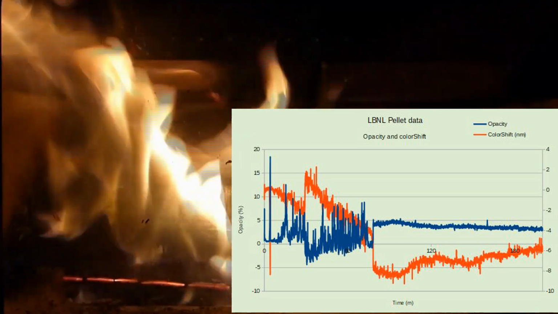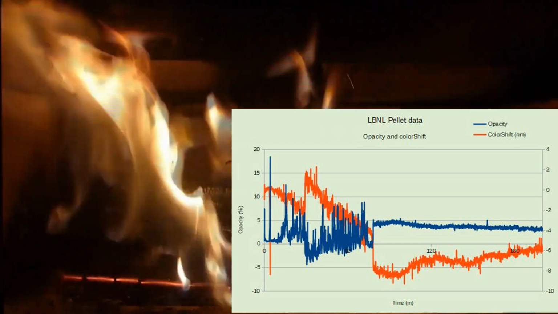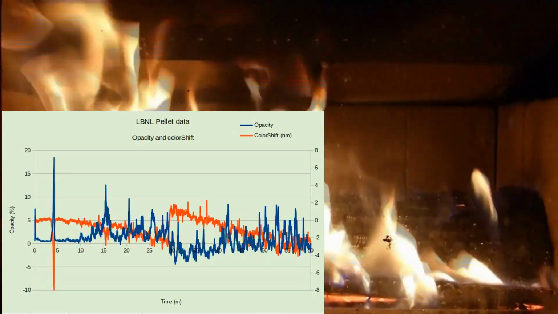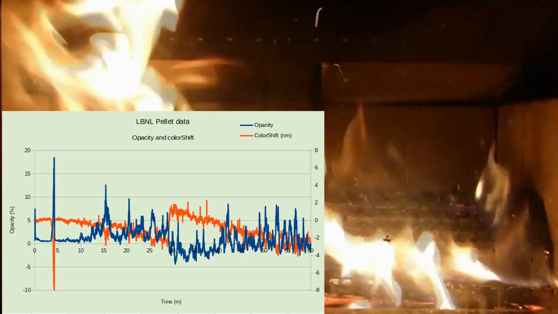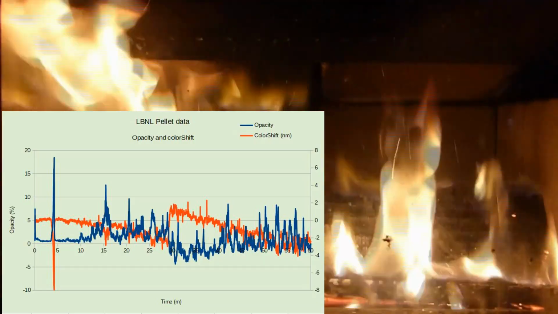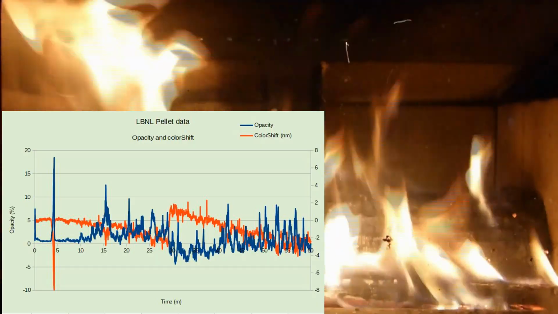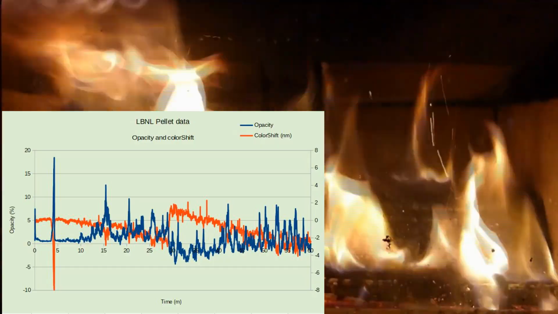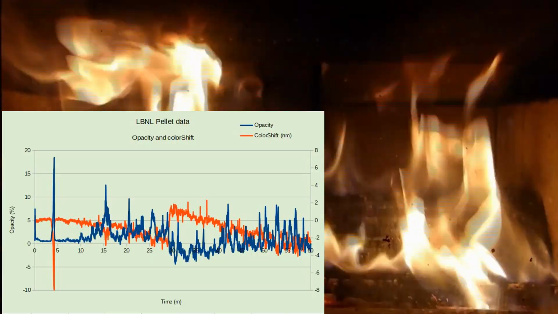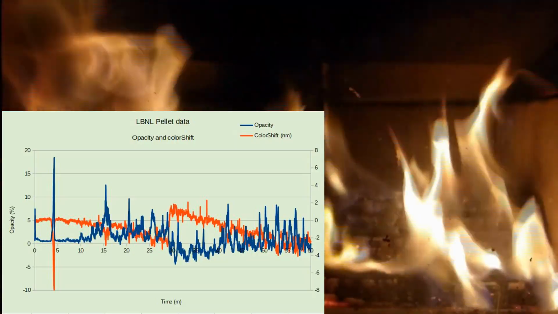So let's go over this data, what it tells me, and help you understand what I'm looking at. This is the first 60 minutes of the test, and you have to understand how testing works. You've got to get started, baselines, about 5 minutes. It looks like they started it, and then they ran it on high. Every time a pellet dropped into the cup, you can see a peak of opacity.